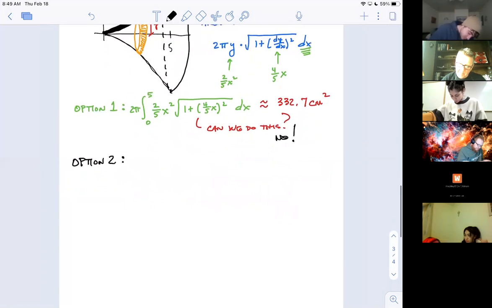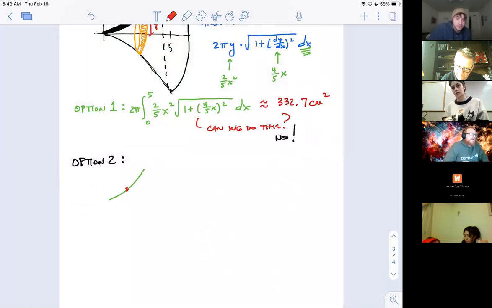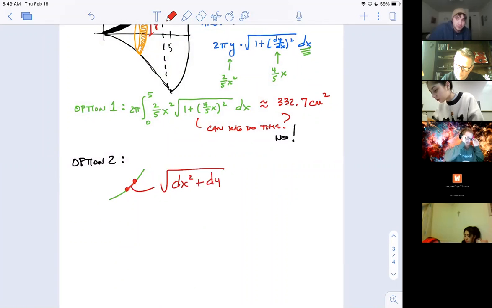Does it make sense that if you have a little stripe of graph right here, we already said that was the same as dx squared plus dy squared.